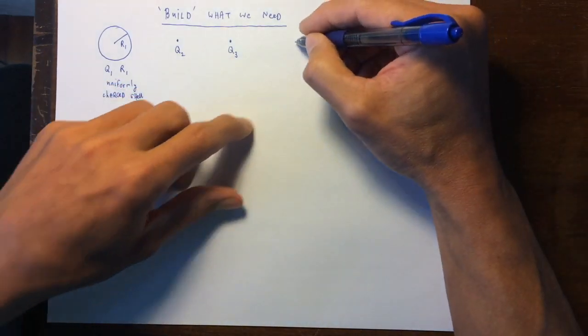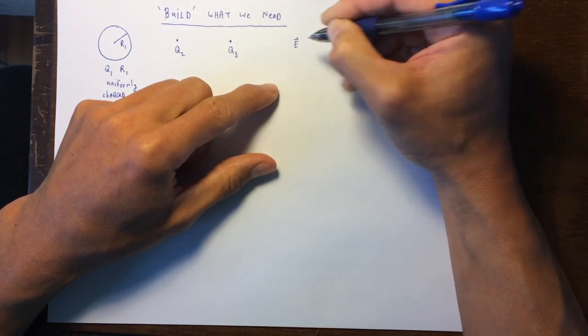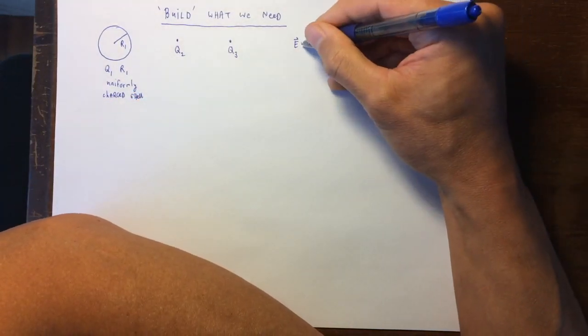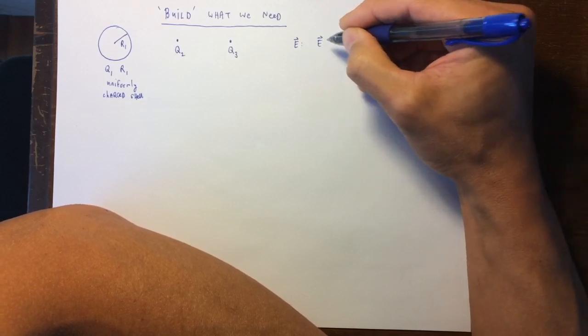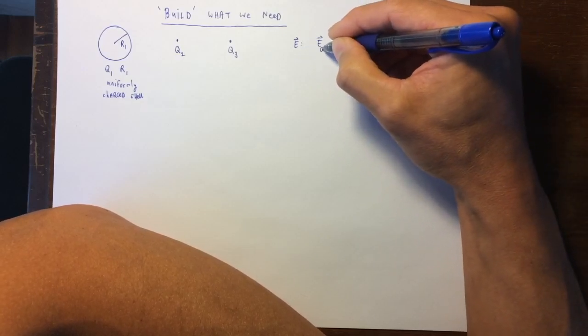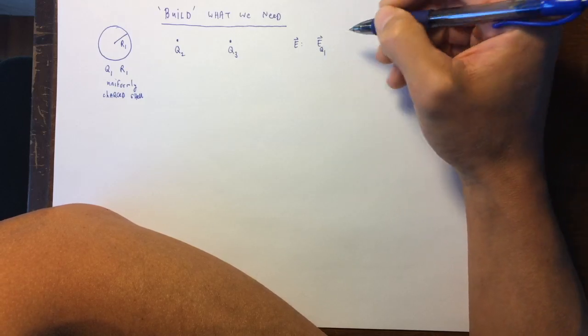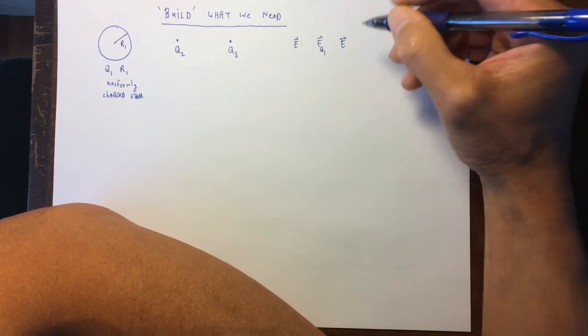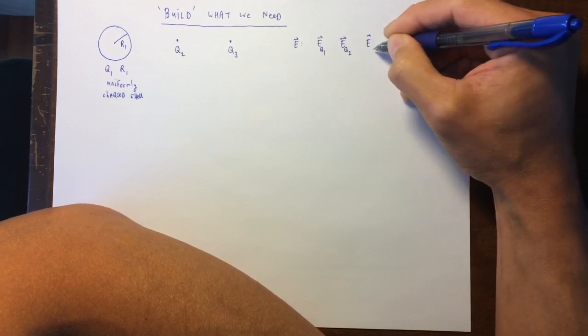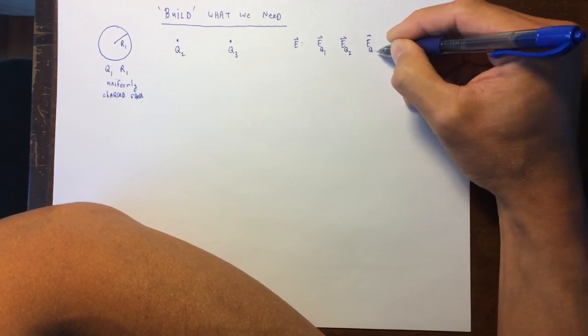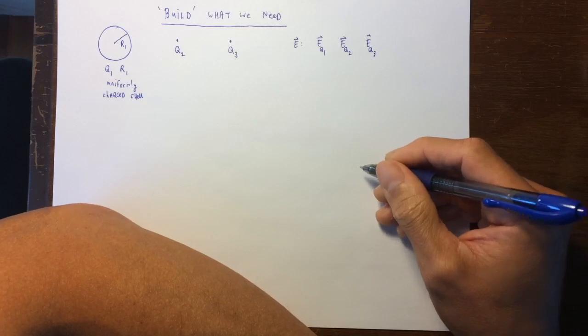So let's think about electric field first. There is an electric field due to the sphere of charge. There's an electric field due to the point charge Q2, and there's an electric field due to the point charge Q3.